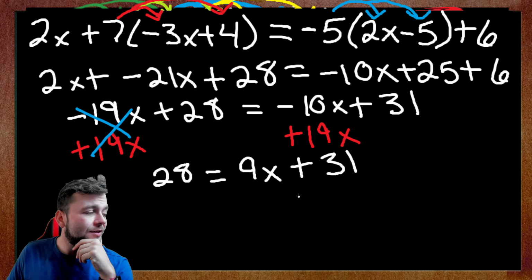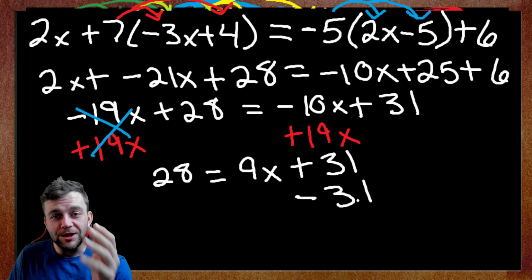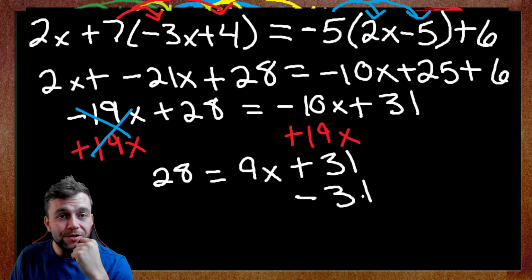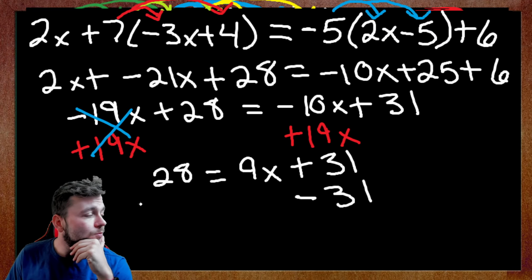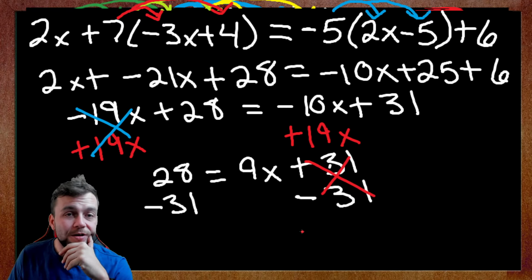Let's subtract 31 from both sides. Why are we subtracting it? If you've been watching, or if you're watching this at a later date, it is what? Inverse operations, backwards day. So subtract 31 from both sides. Now, what happens to your 31? Disappears, goes away.